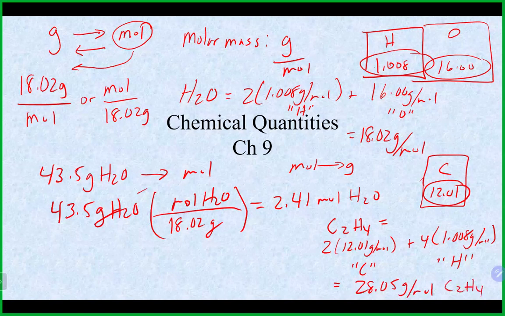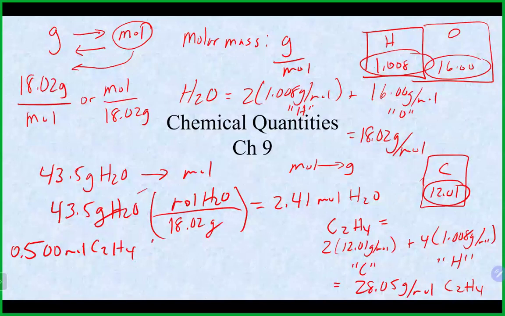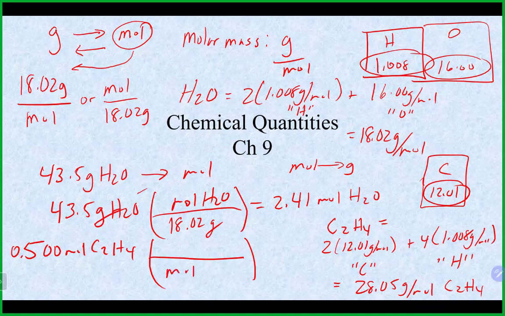Once again, we could use that as a conversion factor, and if we had, say, 0.5 moles of C2H4 and we wanted grams, we'd do the same thing. Opposites cancel. We would need the moles on the bottom, 28.05 grams up on top, and we would get 0.5 times 28.05, giving us something like 14.0 grams of C2H4.